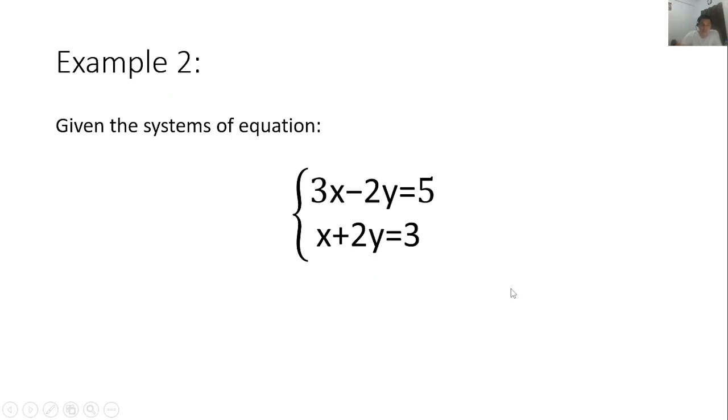Another example is the system of equations 3x minus 2y equals 5 and x plus 2y equals 3. So we will apply the other method, and that is called the elimination method.